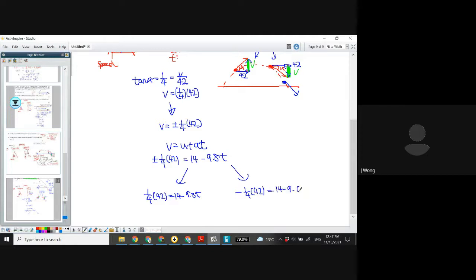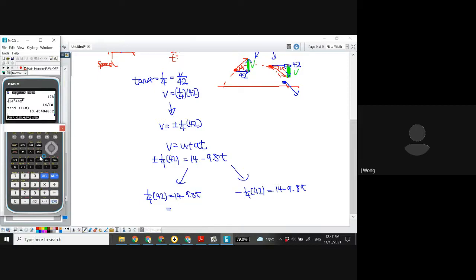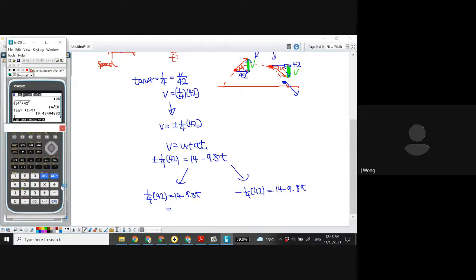We're just going to rearrange the equation, so I'm going to do it in the calculator. A quarter times 42 is 10.5, so plus or minus 10.5. So that number here minus 14, divided by minus 9.8, is the first value of t.